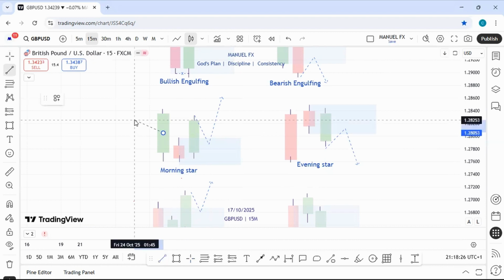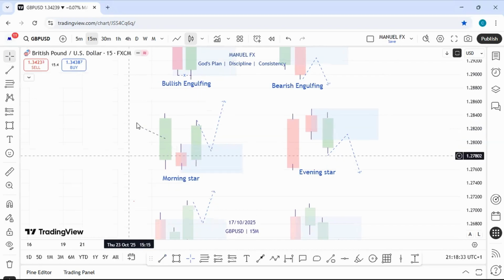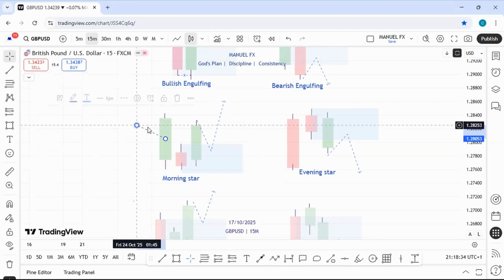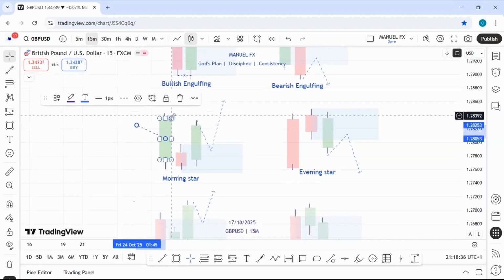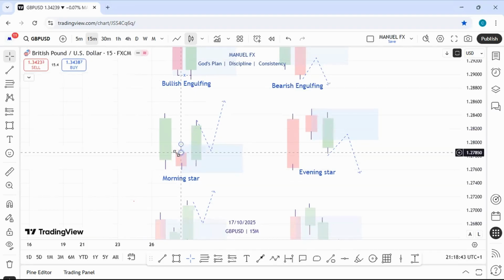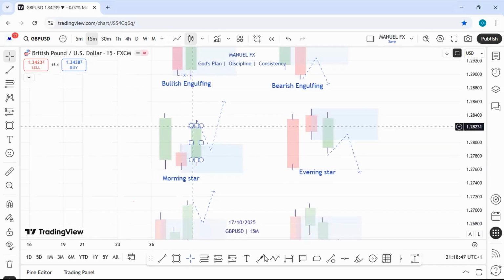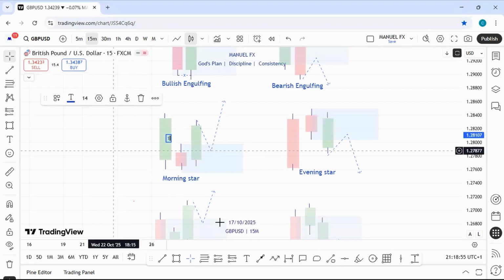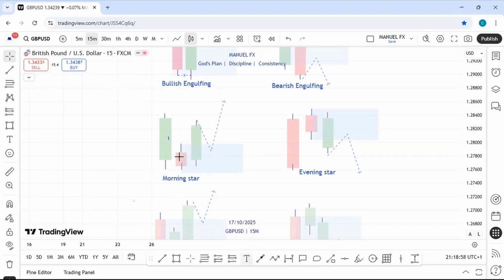The first candle becomes the source candle. Then this is the baby candle. You can call it a morning star, but I call it the 1, 2, 3 candlestick pattern. But the name is morning star.